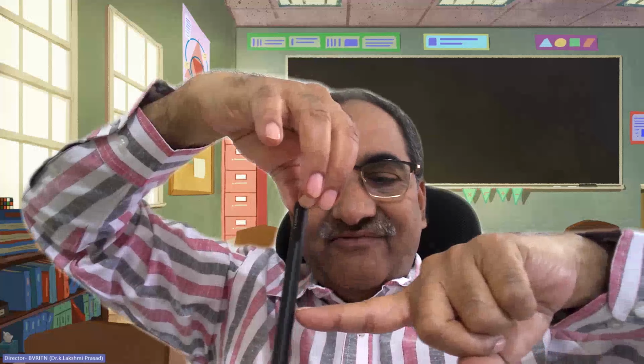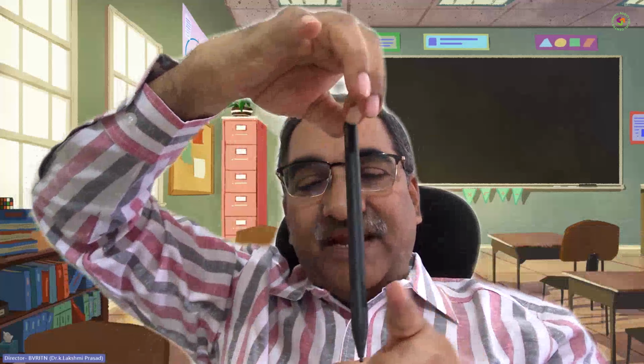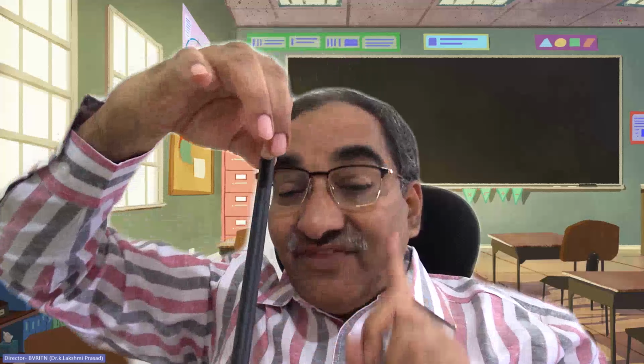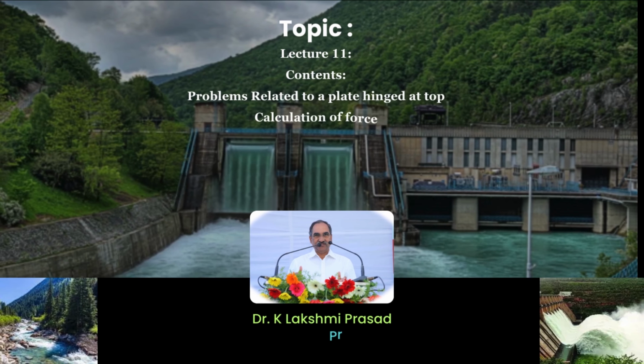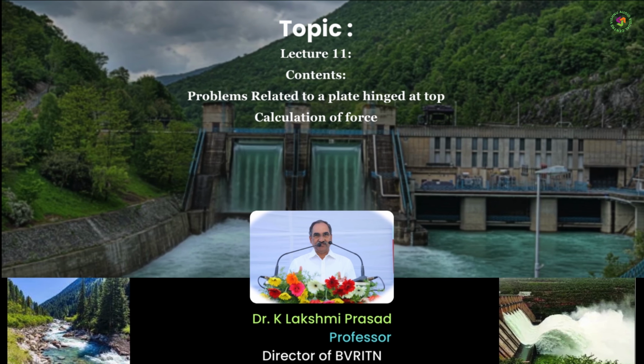So if a force is applied like this, what will happen? Automatically the plate moves. If that is the case, how to really solve such type of problems? This is what today's question is, and we will take up that question.